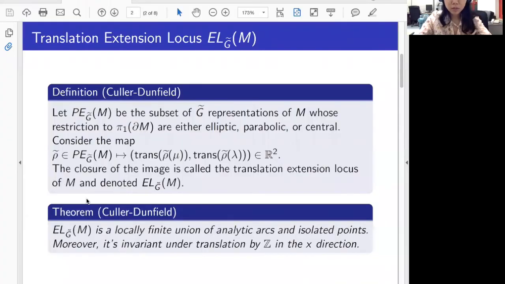The theorem by Culler and Dunfield says that the translation extension locus is in fact a graph in the plane. It's a locally finite union of analytic arcs and isolated points. And moreover, it's invariant under translation by integers in the x direction. So it has a repetitive pattern in the x direction, but it's not invariant under translation in the y direction.